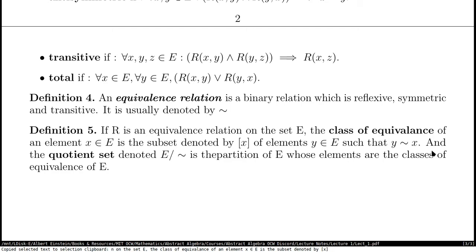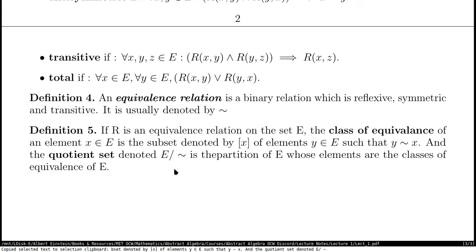Apart from this, we also get a quotient set. The quotient set is actually the partition I was talking about, right? The quotient set is the set E slash this tilde. You can think about this notation kind of like division.